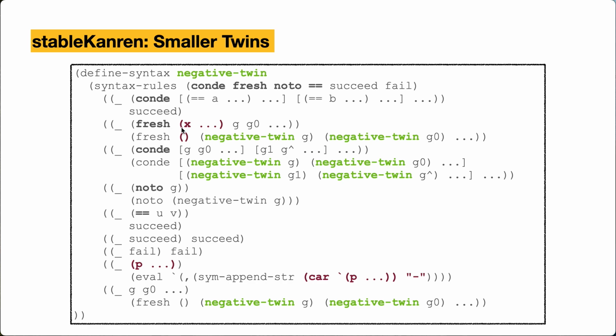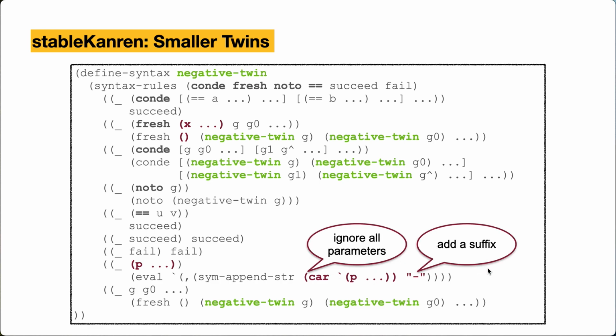The part colored in maroon is where we drop the unnecessary parameters, and we only append the suffix. For a positive twin, the only difference is that we replace the minus sign with the plus sign. So we ignore all the parameters, and this is adding the suffix.